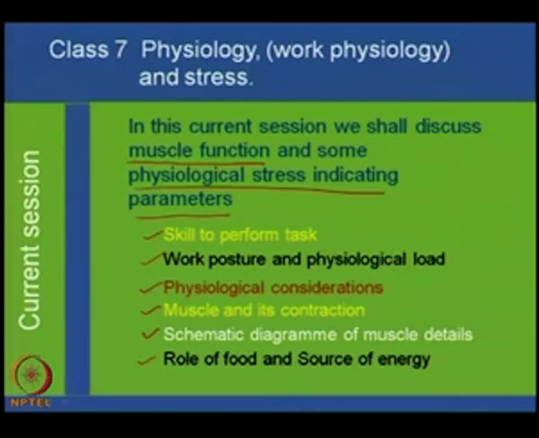These areas constitute today's discussion.